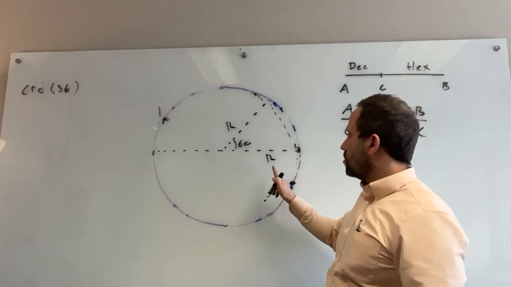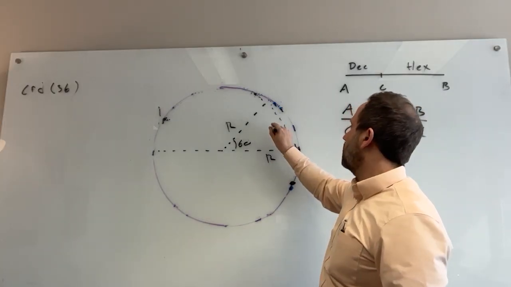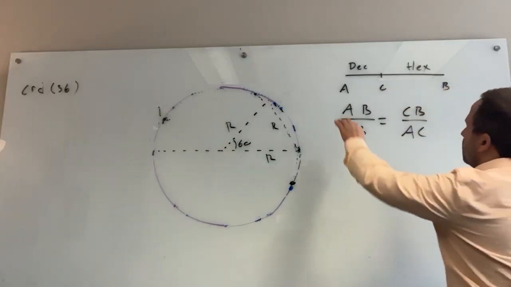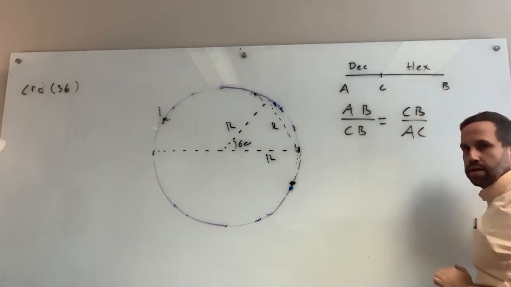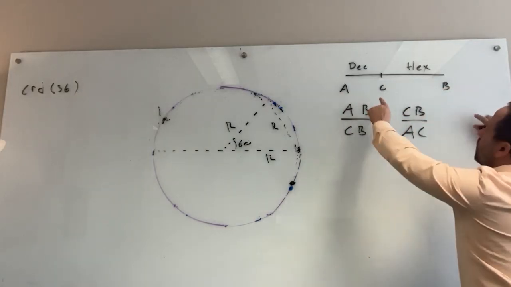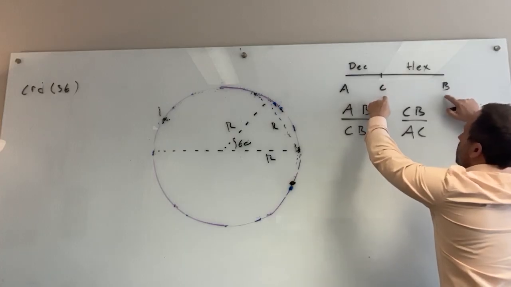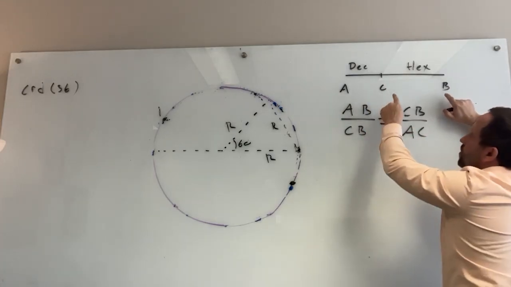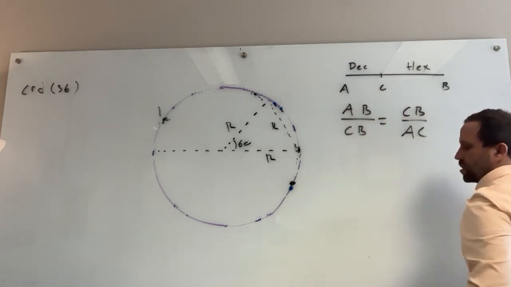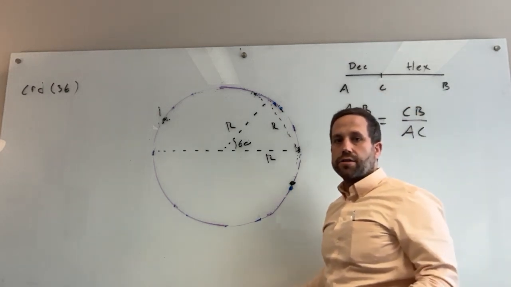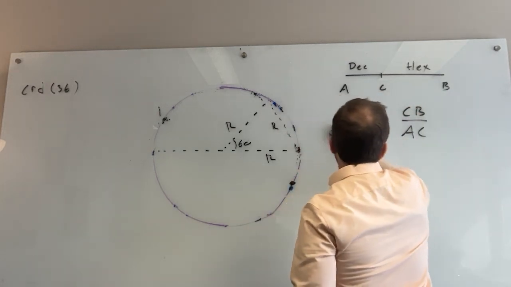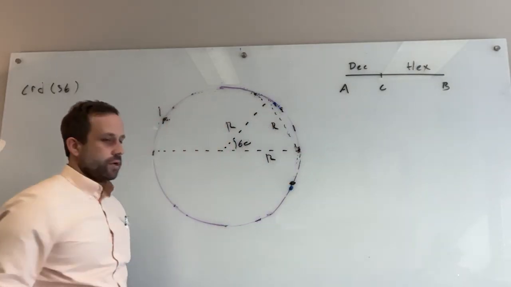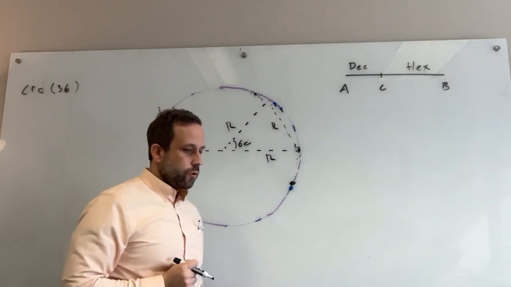Well, if it's an equilateral triangle and this side length is R, it means this side length also has to be R. So then what you can say, anytime you have a line segment divided in extreme and mean ratio, this right here is always going to be the side length of a hexagon inscribed in a circle with that radius, which means that's always going to be the side length of a decagon inscribed in the same circle. Okay, so that is the first piece of information that we're going to use from Euclid.